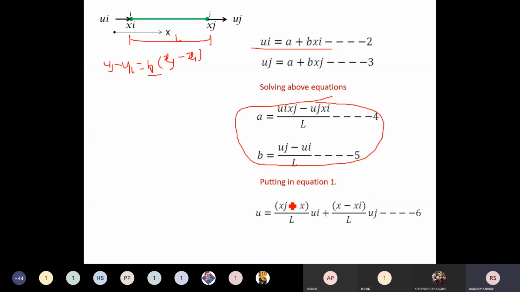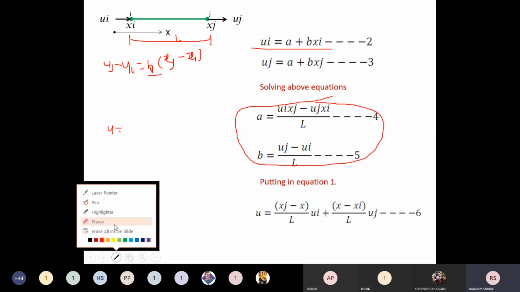I will show you how it will come. Now u is equal to a, with a as it is, plus b x. I will show you how to solve this.